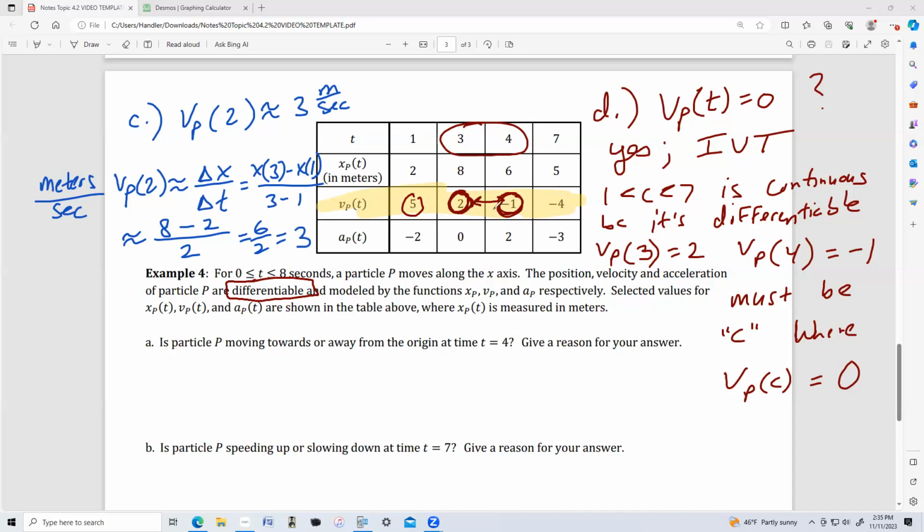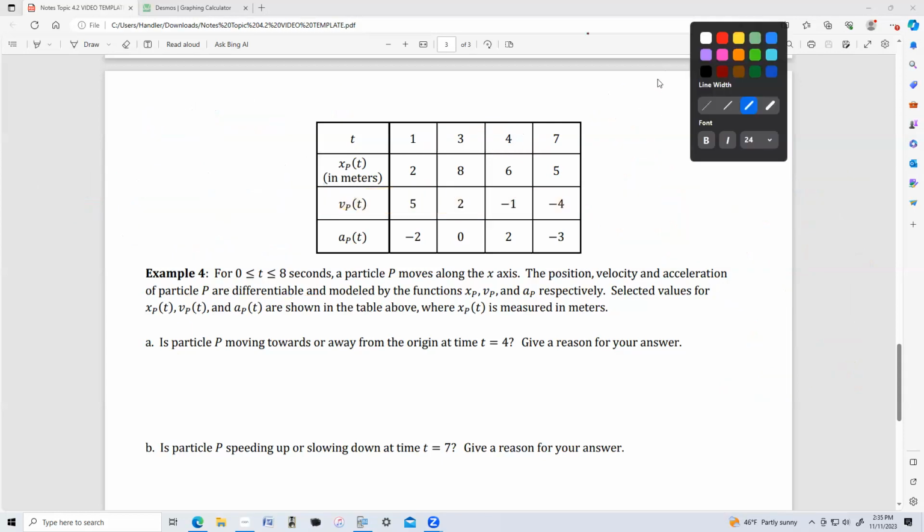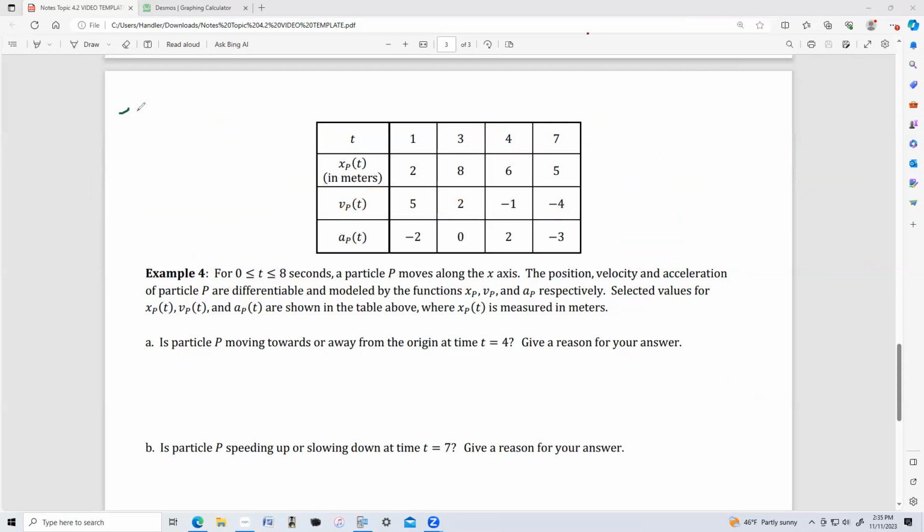Okay. And finally, we'll tackle question E. Question E says the following. Again, this is all on your worksheet, which is downloadable in the description. For a time between 5 seconds and 8 seconds, there's a new particle Q, not P, moving along the same axis.